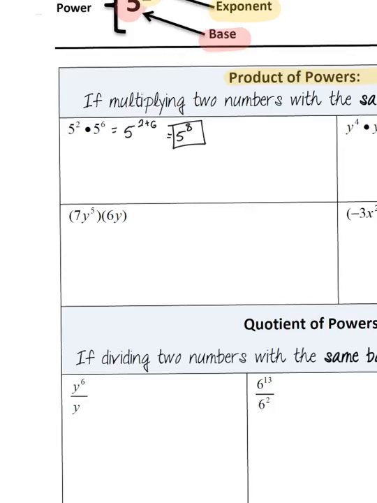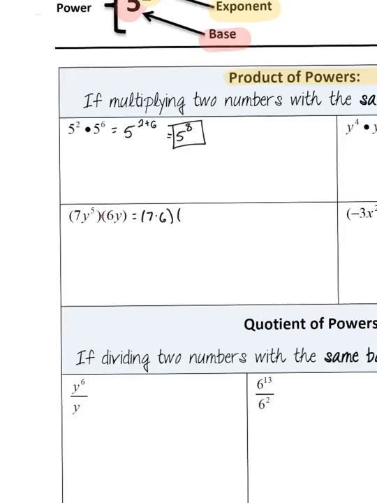Now let's look at a different way of writing it. There's no symbol between these two, but they're still being multiplied together. If you see no symbol, that means multiplication. What you're going to do here is multiply the coefficients together. A coefficient is just the number in front of a letter.